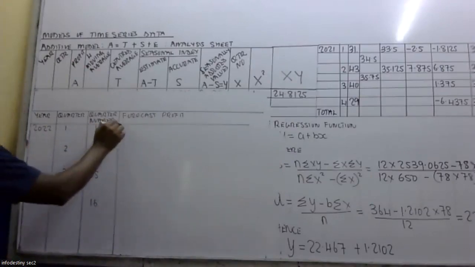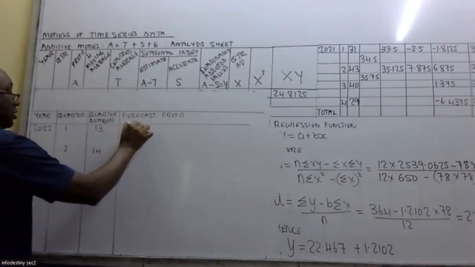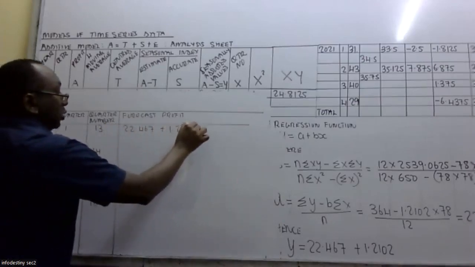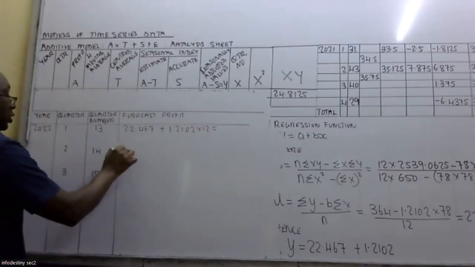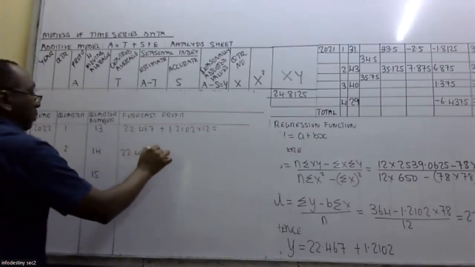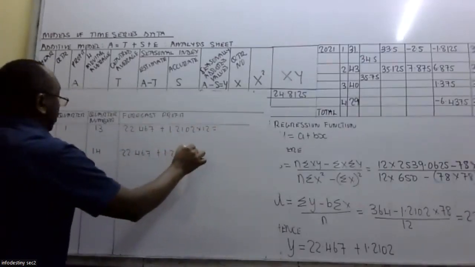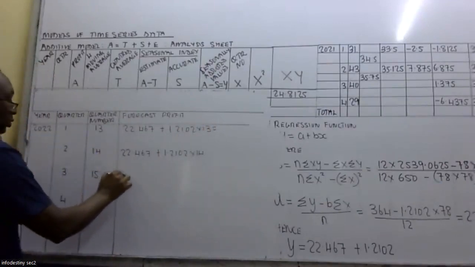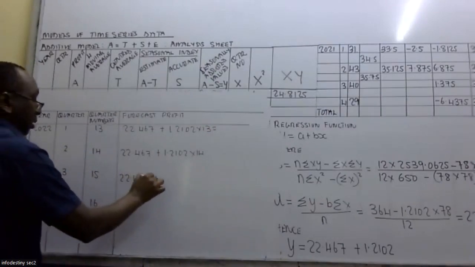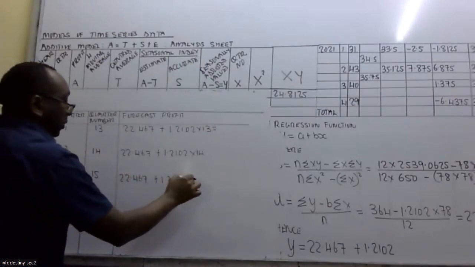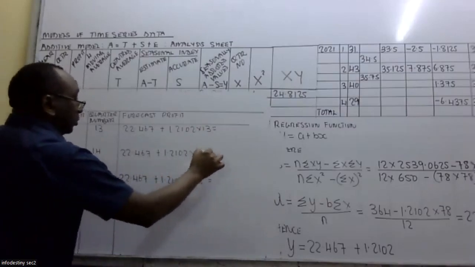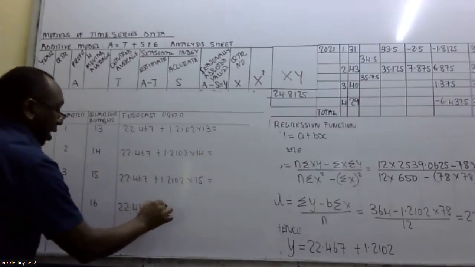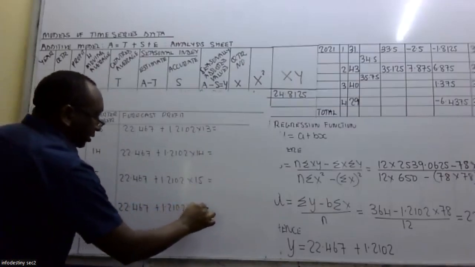You now put this equation the way it is: 22.467 plus 1.2102 multiplied by 13, 22.467 plus 1.2102 multiplied by 14, 22.467 plus 1.2102 multiplied by 15, and 22.467 plus 1.2102 multiplied by 16.